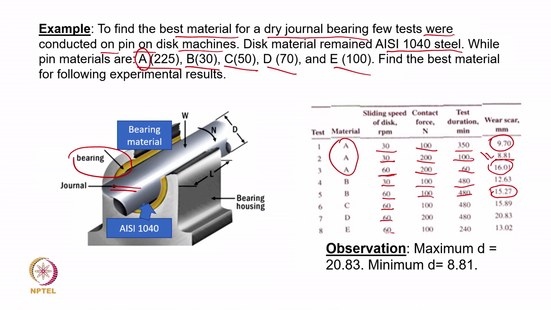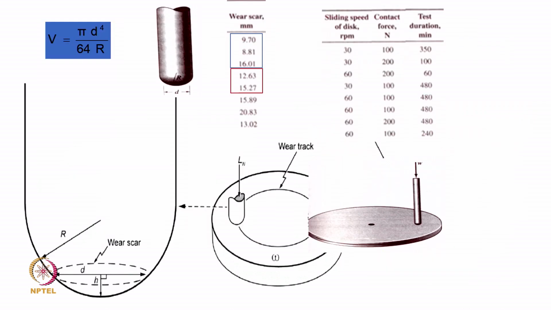Material C, material D and material E are also materials. What is the observation in this case? The minimum scar diameter is 8.81 and the maximum diameter is 20.83. This doesn't mean that this material is the worst material. These are just values given to us, and we need to use the Archard equation for comparison purposes.